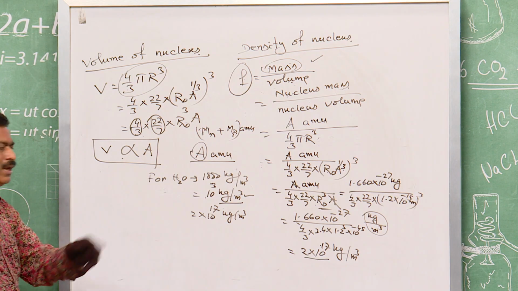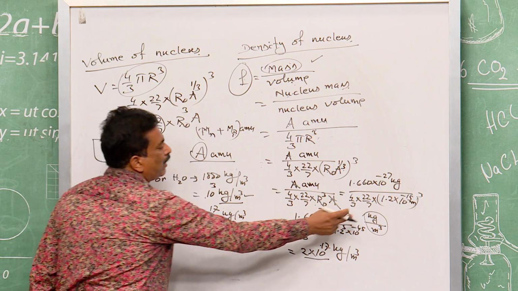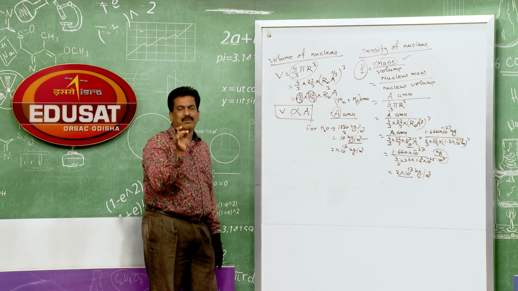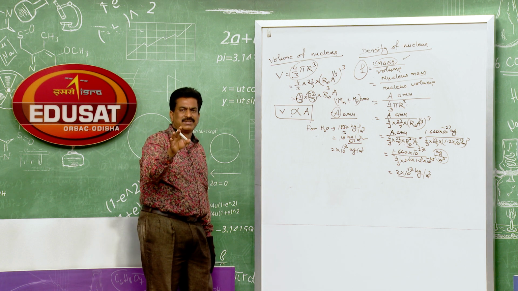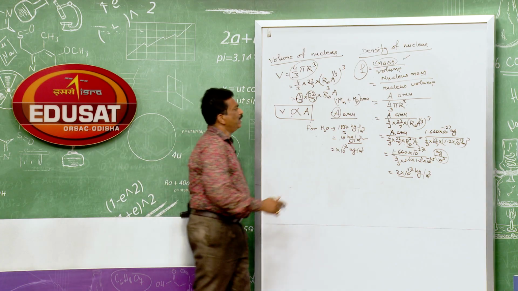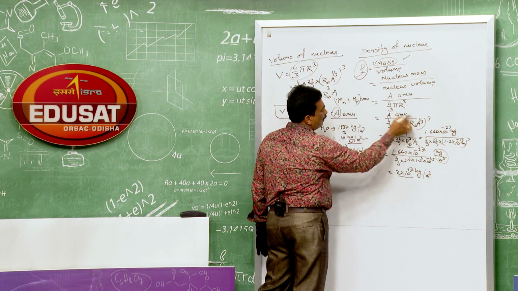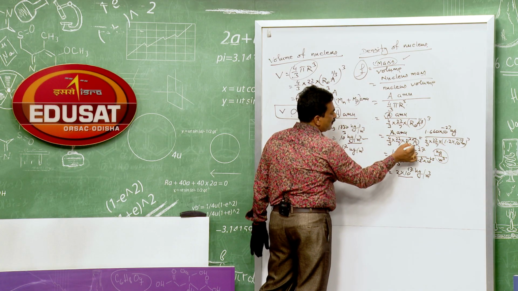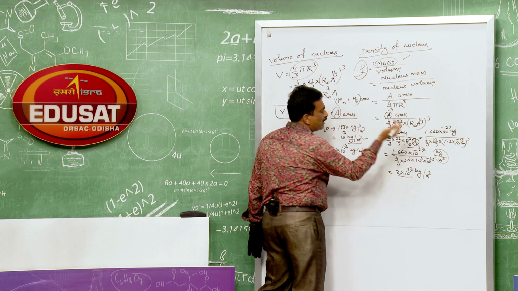of any element, independent of its A, whether it is hydrogen or neon or oxygen or uranium or thorium, whatever it may be, you see, the density never depends upon A. Here the A is there, but it becomes another A, so this A cancels.